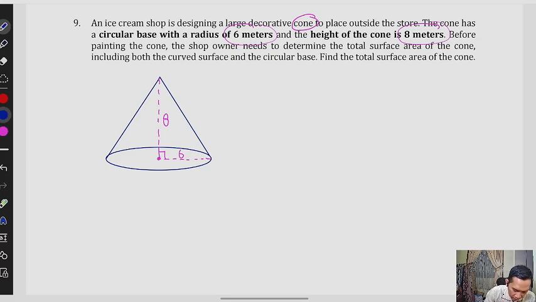So the total surface area, TSA, is pi r squared, the base circle, plus the curved surface area, pi r s. That's it.